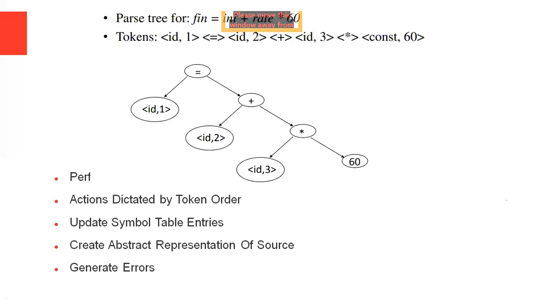So given example or given source program. Okay, so this is the parse tree or syntax tree for the given example. So here we are using actions extracted by the token order. So how to generate the token order is by using some context free grammar rules.